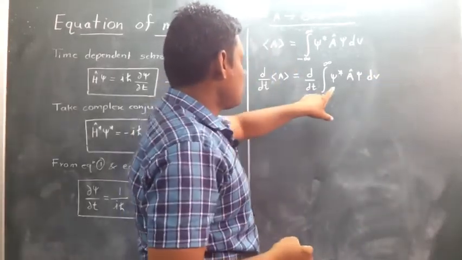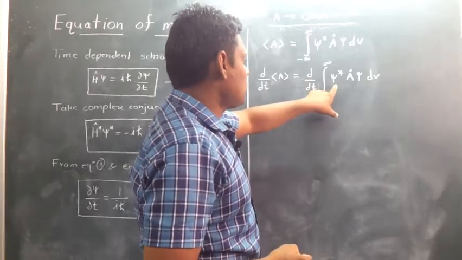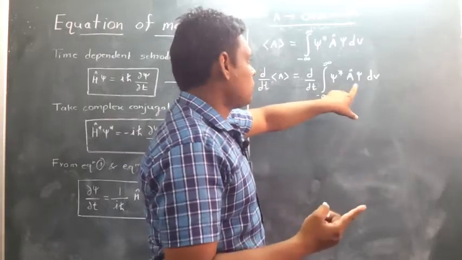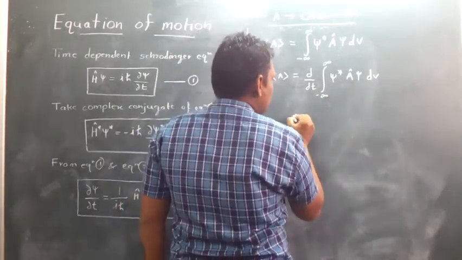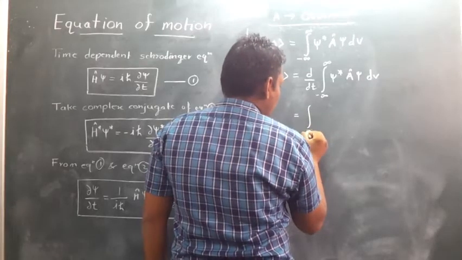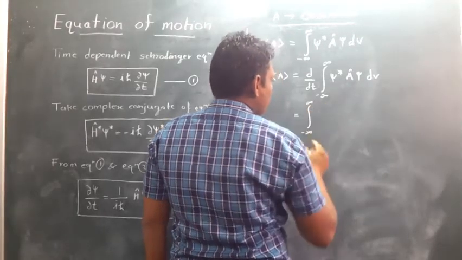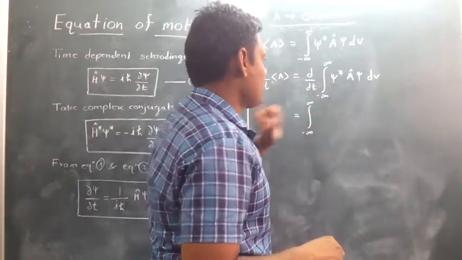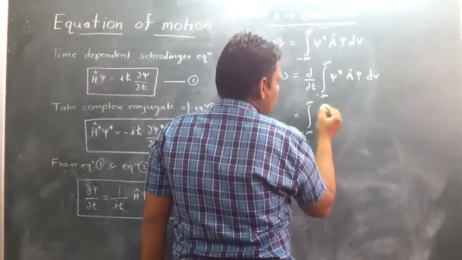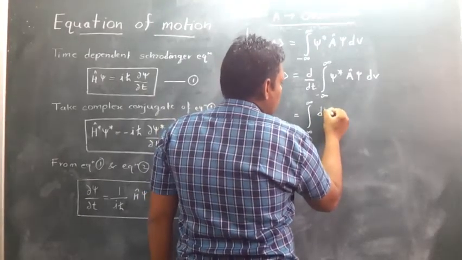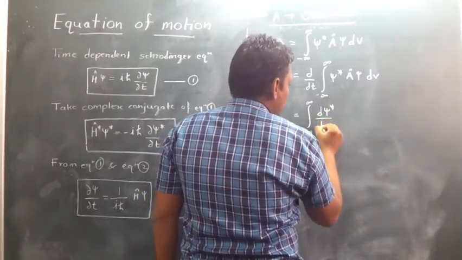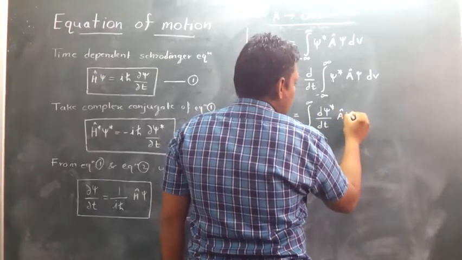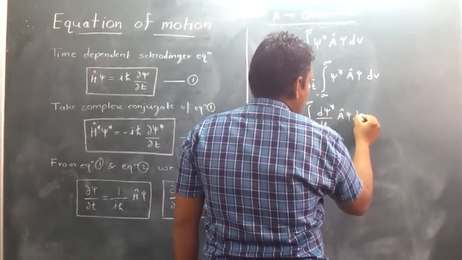I have to take the derivative of these symbols one by one, and we get three terms. The first is the integral of d psi star upon dt, keeping all other terms constant, d tau.